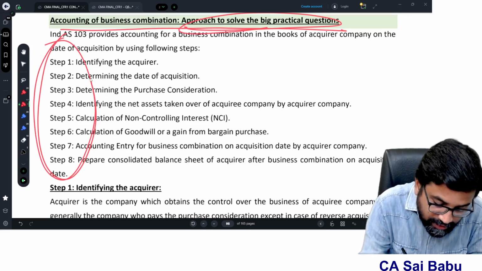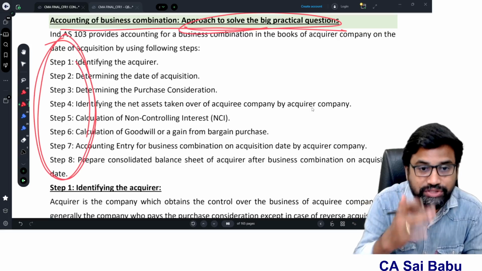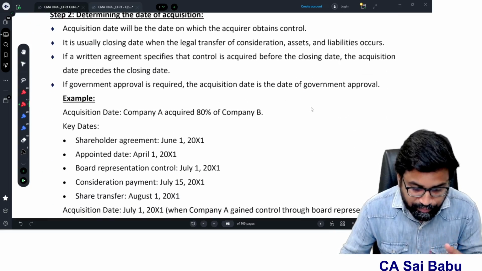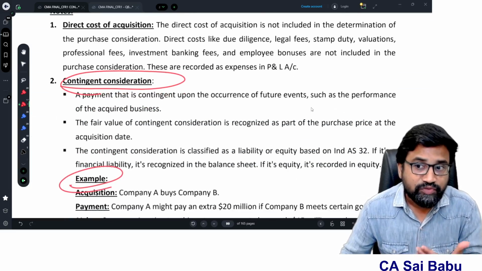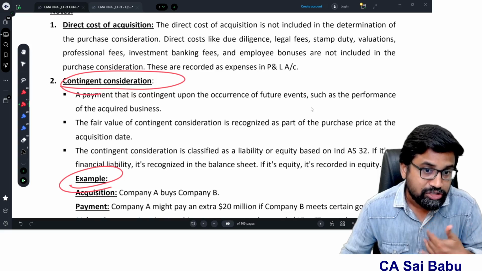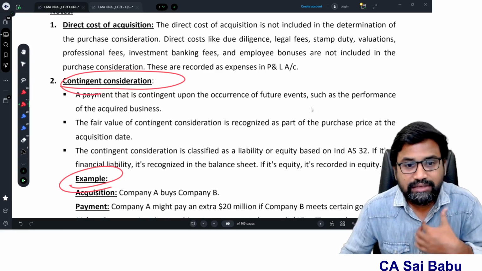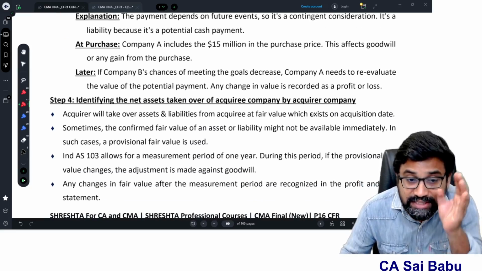The entire theory I have converted into stepwise accounting, so that you can easily approach the practical problems. And each and every step is elaborately explained, so that in the examination, even if you may not solve the entire question, suppose you solve maybe 4 or 5 steps, you will get stepwise marking. That is the advantage of learning the subject in a systematic manner.